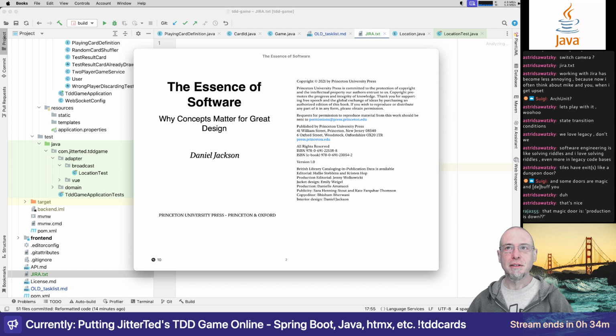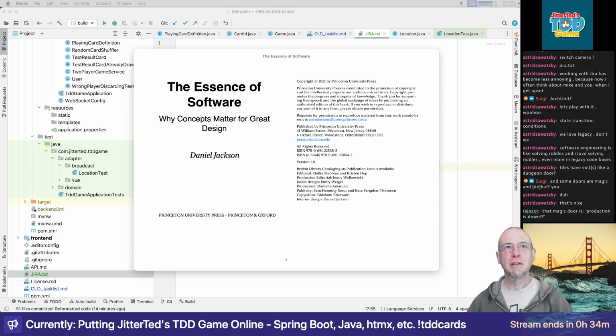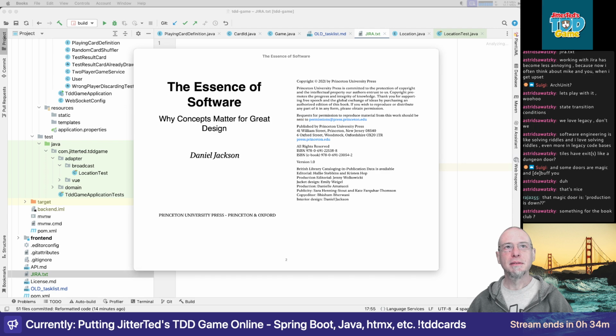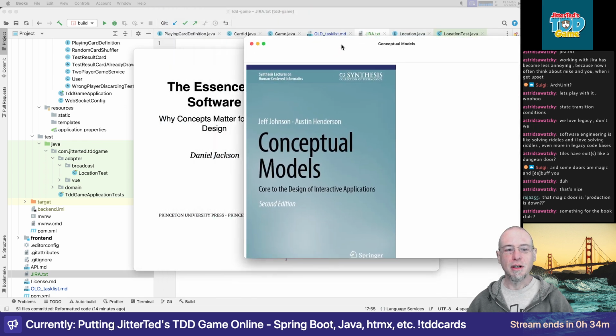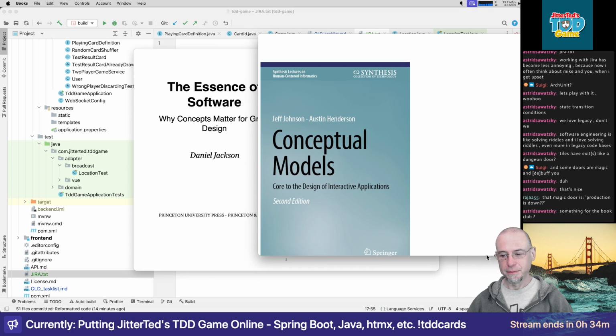Then there's another book. Let's see. There it is. This one is called Conceptual Models.